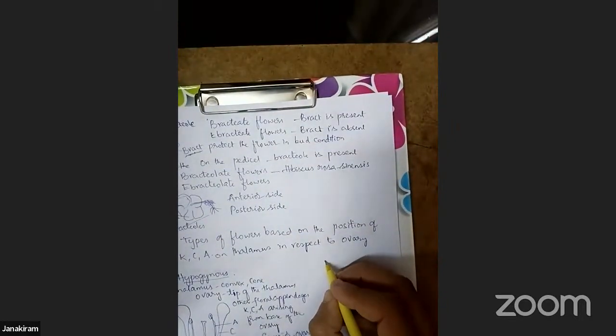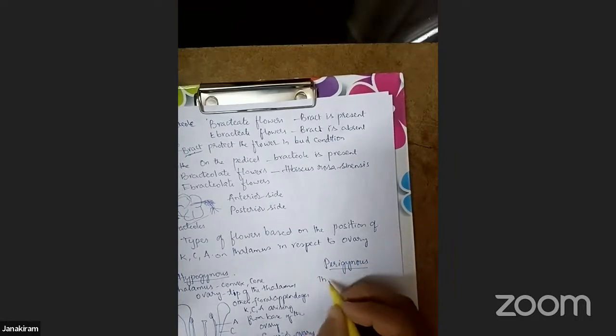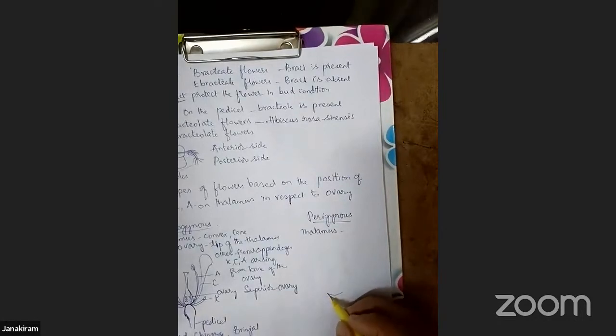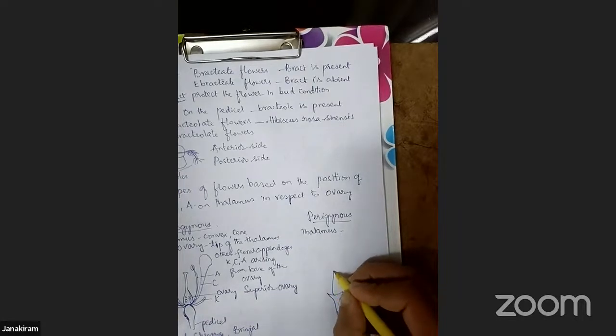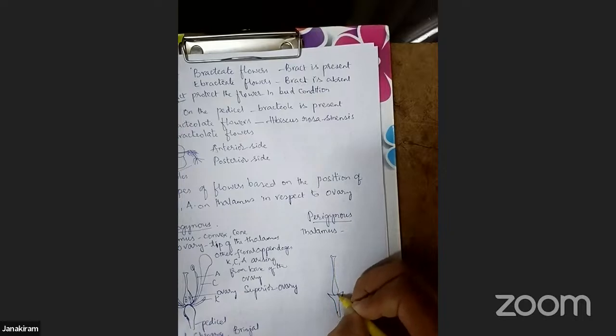Then coming to the second one, perigynous flowers. In this one, the thalamus is a little saucer shaped like this. And the ovary is present in the center of the saucer-shaped thalamus.